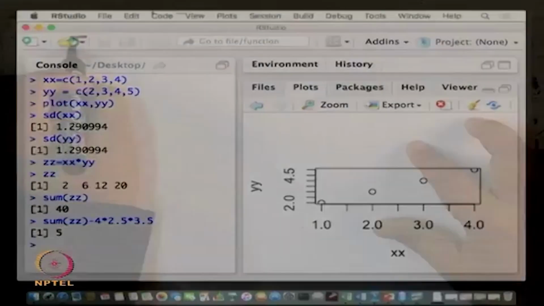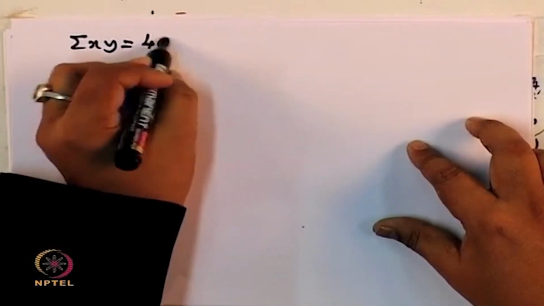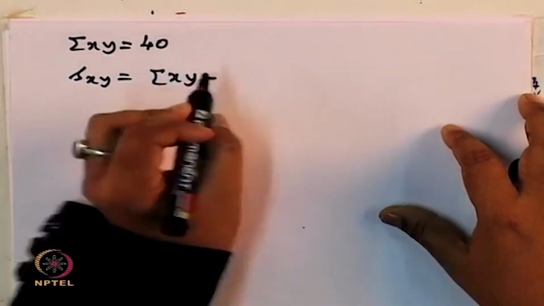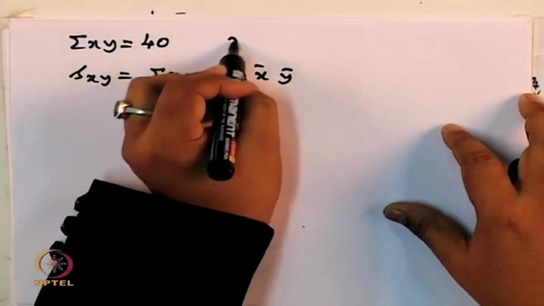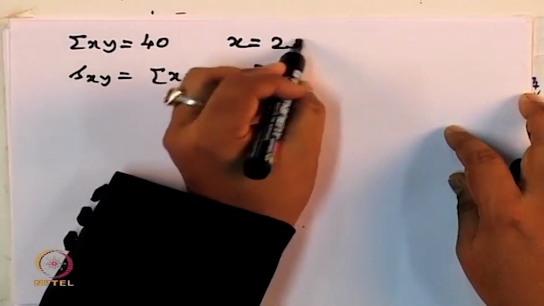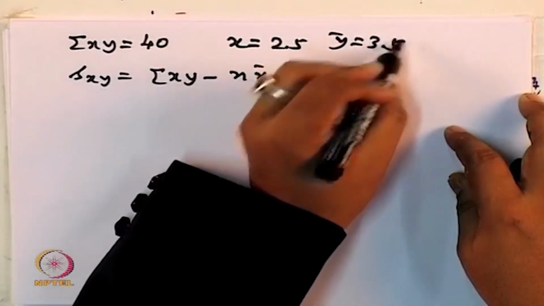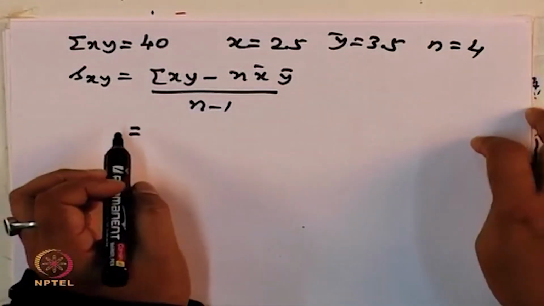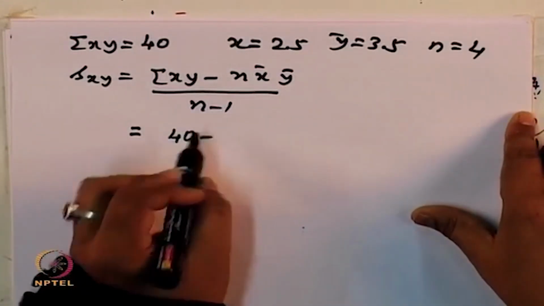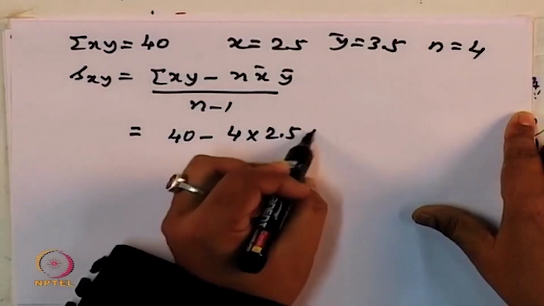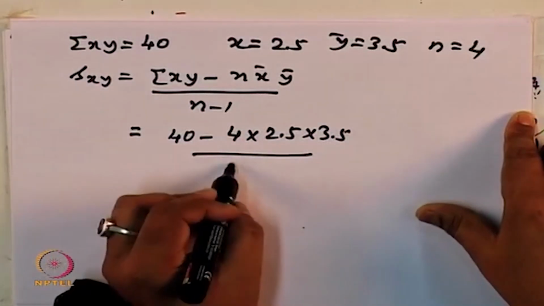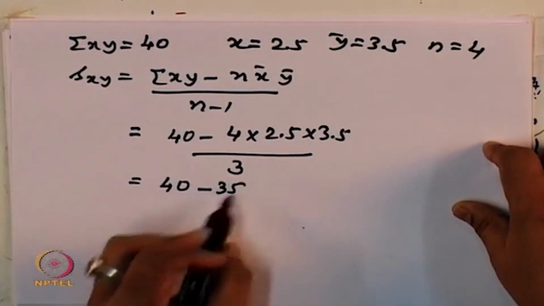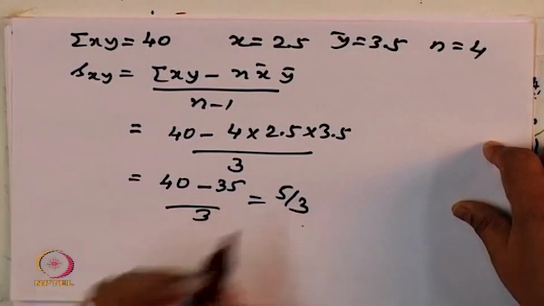I got summation xy equal to 40. So, Sxy is equal to summation xy minus n x bar y bar. I have calculated x bar equal to 2.5, y bar equal to 3.5, n equal to 4. So, Sxy is equal to 40 minus 4 into 2.5 into 3.5, by n minus 1, which is 3, equal to 40 minus 35 by 3, equal to 5 by 3.